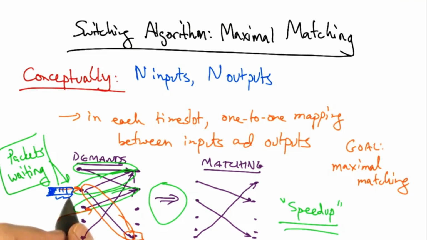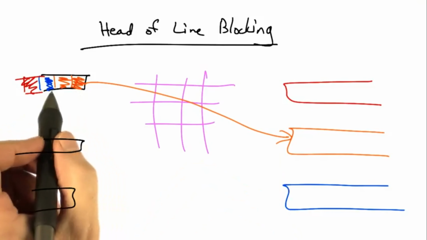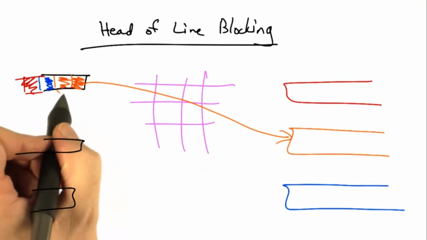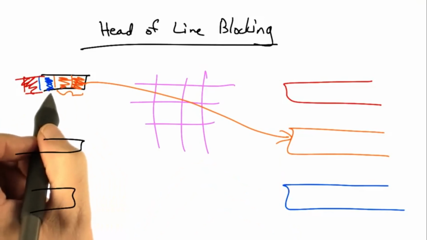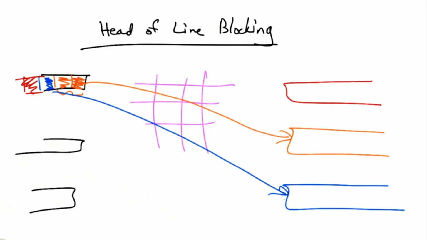So even if we could induce a speedup at the interconnect, certain packets may be blocked in the queue by packets ahead of them, destined for other output ports. For example, if we have packets arriving in this queue, destined for the orange queue, at the front of the queue, then even with the speedup, there may be packets that are sufficiently far behind in the queue that they're waiting behind the orange packets.